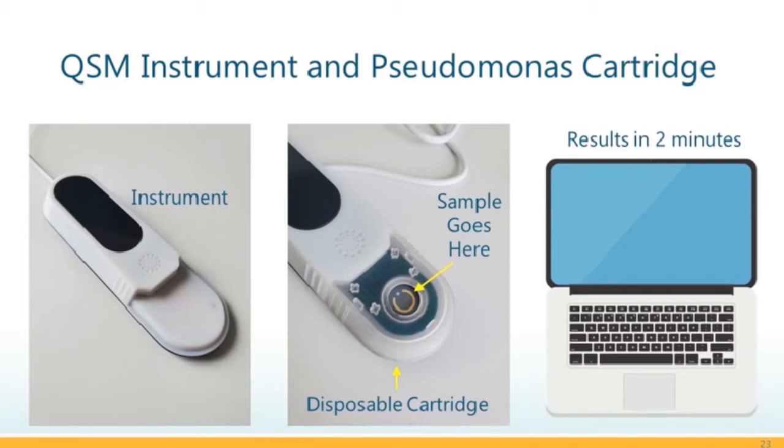And you plug in a disposable single-use cartridge. You can see where the sample's placed. That instrument plugs in via USB to a computer, and you get your test results in 2 minutes on your screen. That tells you the yes, no for the particular bacteria that we're detecting, as well as the concentration of the biomarker that you can then track during subsequent visits for treatment.